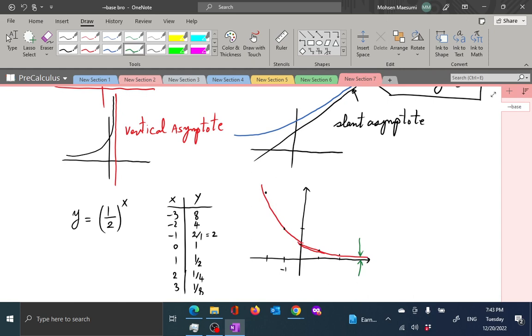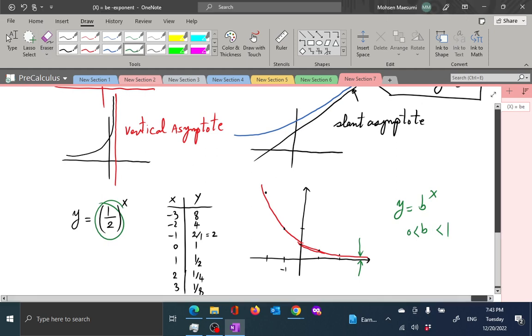So when you have y equal to b to power of x and b is less than 1, then the graph of it looks like this.